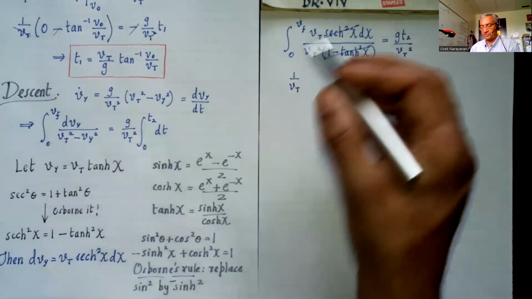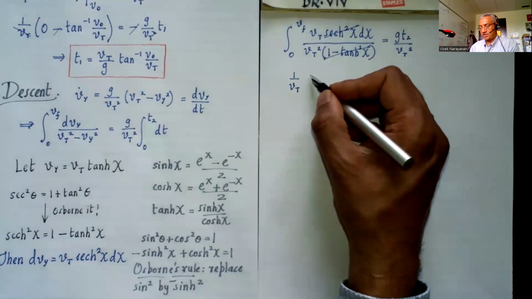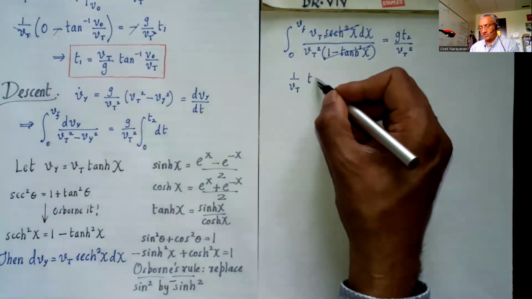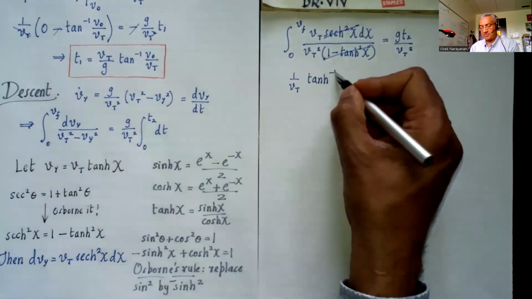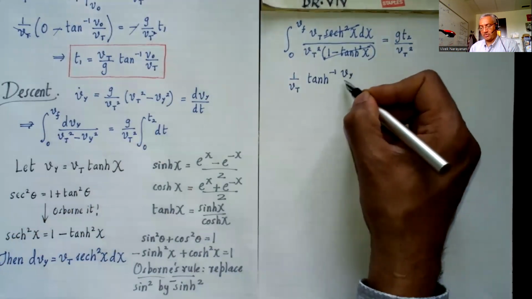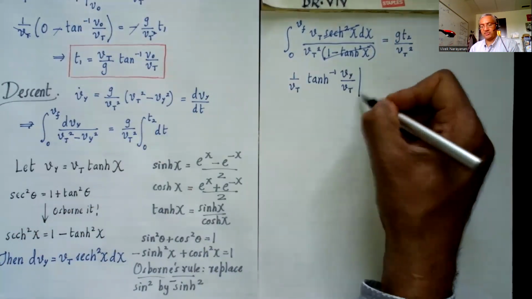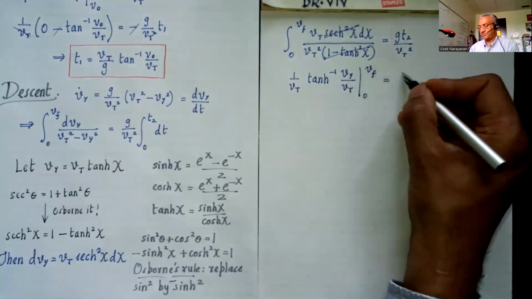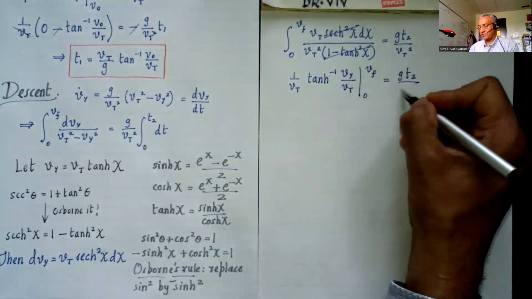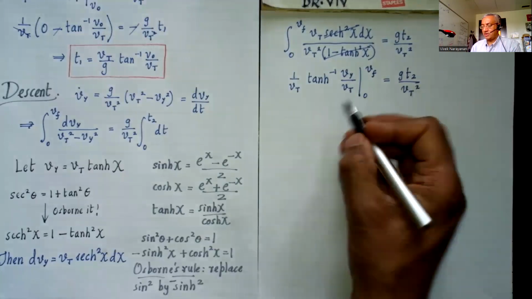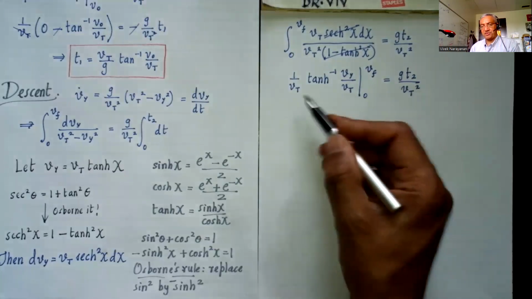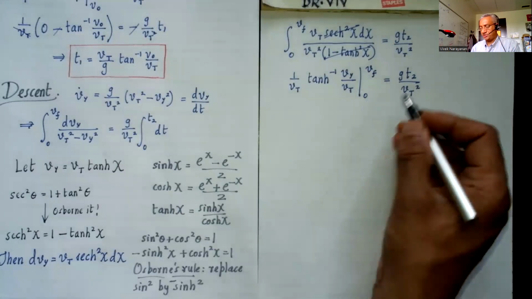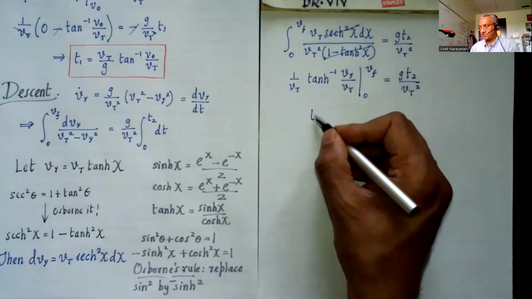But chi is just inverse tan hyperbolic of Vy over Vt between the limits of 0 and Vf. One of the Vt factors cancels out. I can take the Vt over there, g down here, and so I get T2.